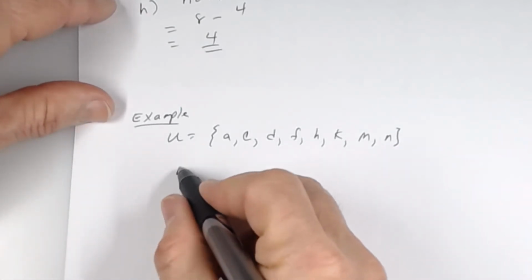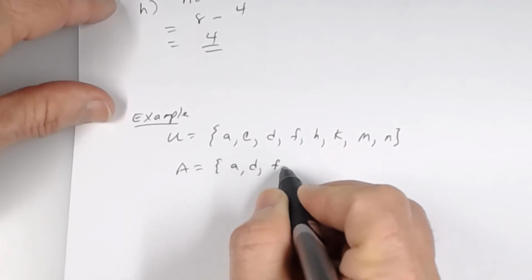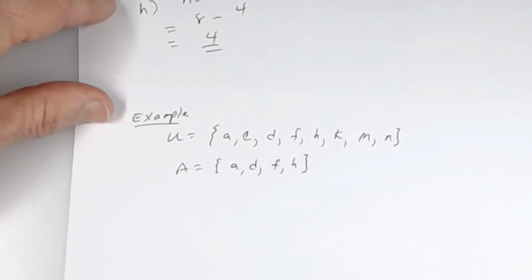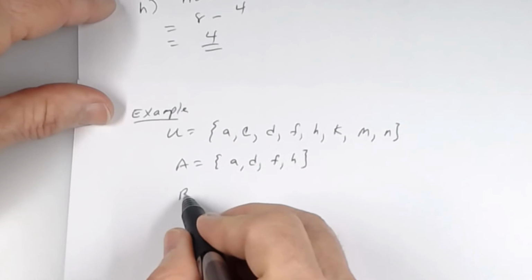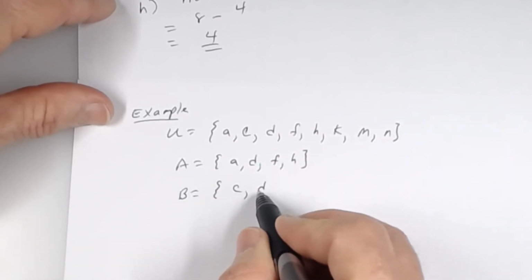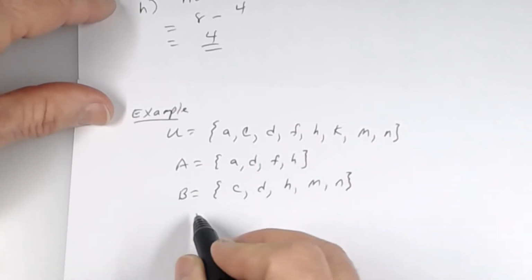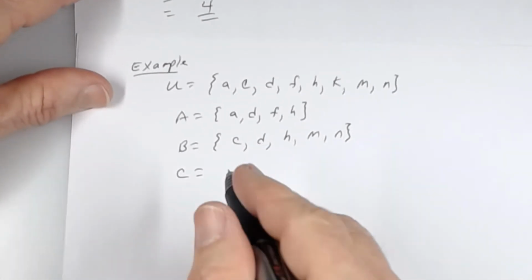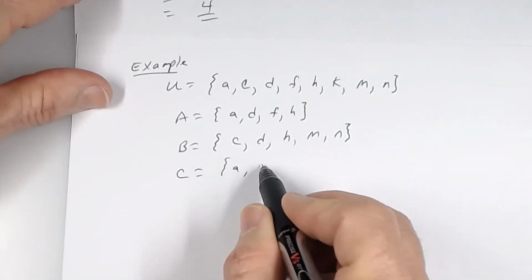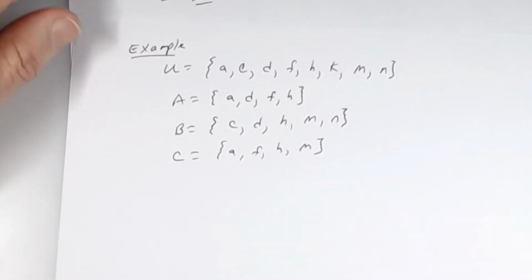Let's suppose that set A has these elements: A, D, F, and H. And B has these elements: C, D, H, M, N. And C has these: A, F, H, M. All right, so those are my 3 sets, A, B, and C, and there's my universal set.